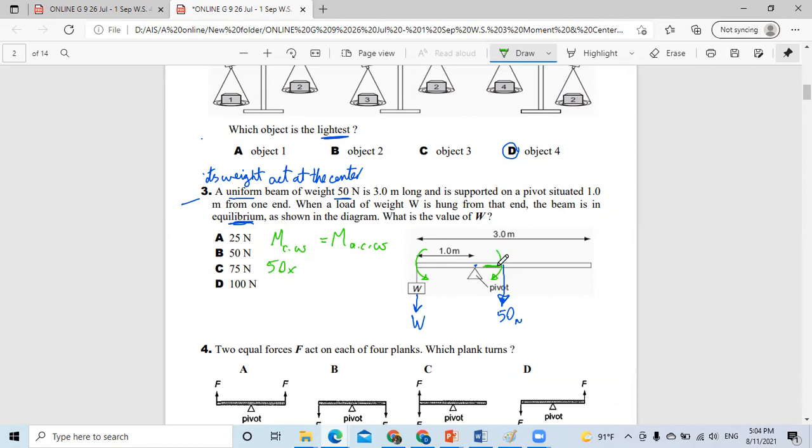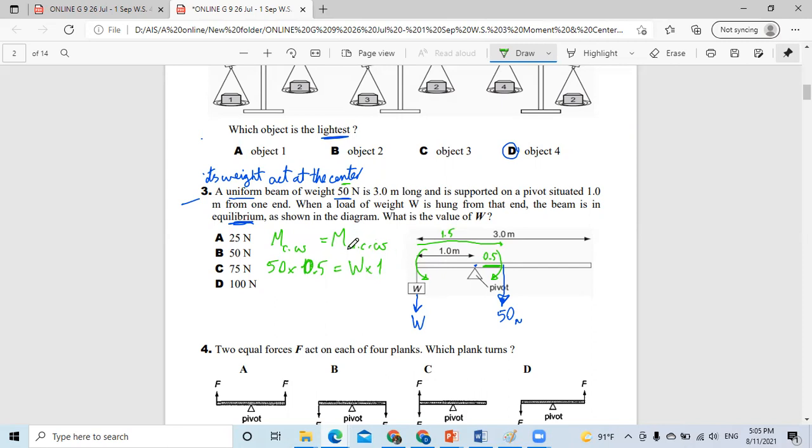How far is the distance here? We know the whole length is 3 meters and it acts from the center, so the distance from here to here is 1.5 meter. So the distance to the pivot is 1.5 minus 1, which is 0.5 meter. So it is multiplied by 0.5, equal to the moment anti-clockwise, which is W multiplied by the distance to the pivot, which is 1.